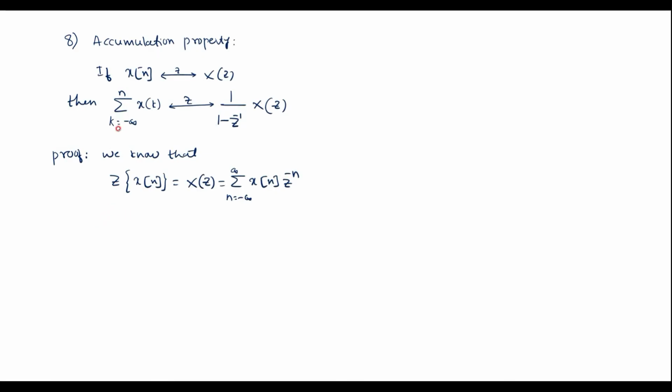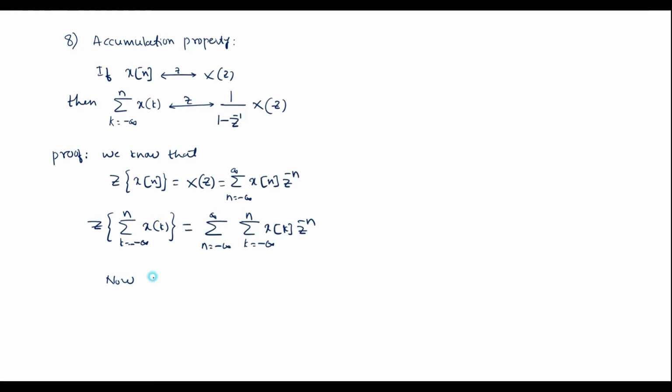Now let's find the Z transform of this signal, that is the Z transform of summation k is equal to minus infinity to n x of k, which is equal to summation n is equal to minus infinity to infinity, where the input signal is summation k varies from minus infinity to n x of k, z power minus n.